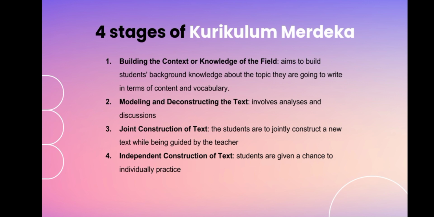Since the aim of the stage is to build students' background knowledge of the context, it is important for students to master vocabulary related to the context. In this stage, the teacher needs to guide the students to master the vocabulary.